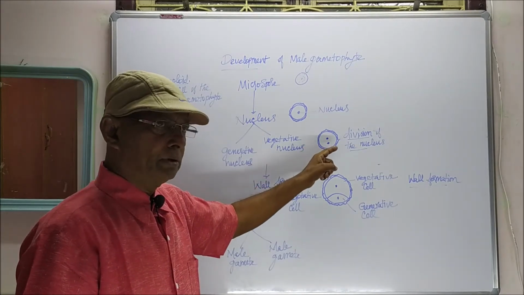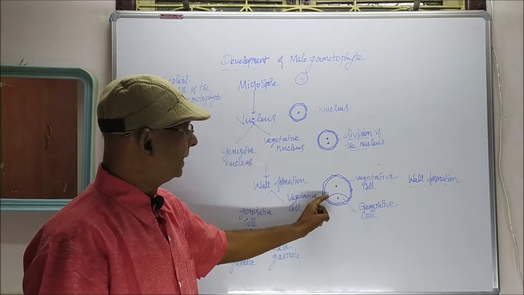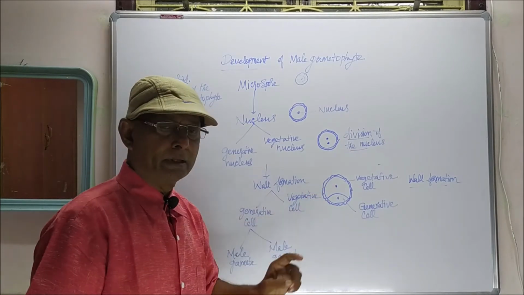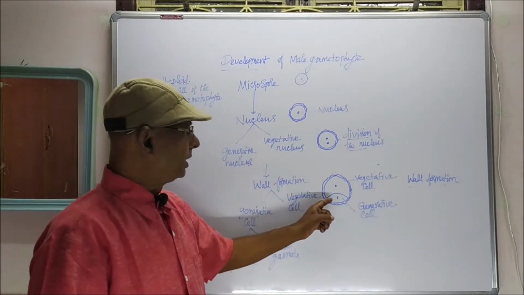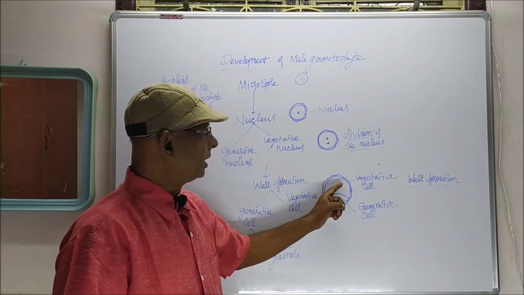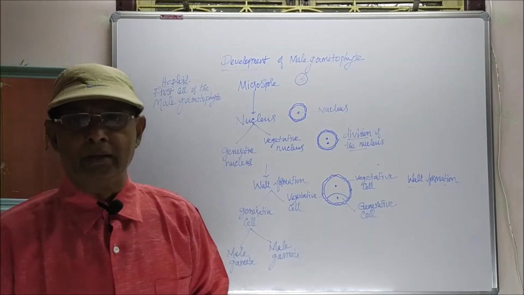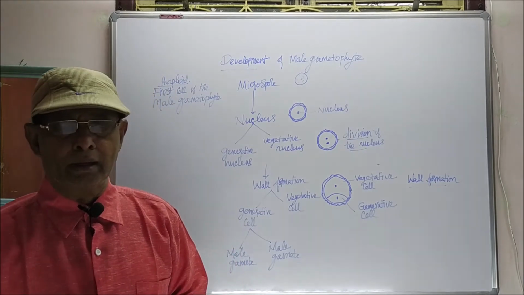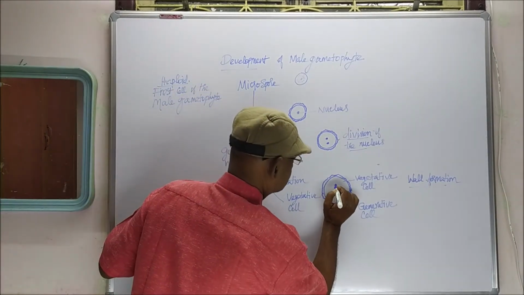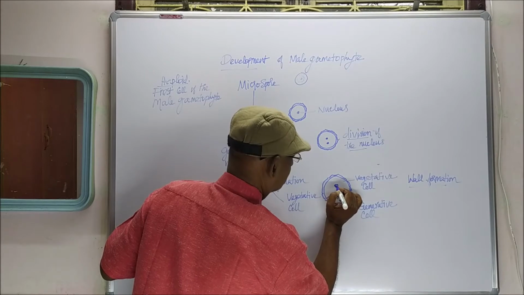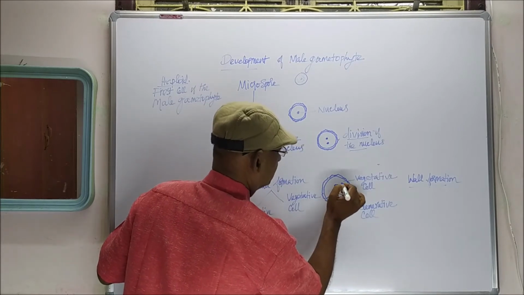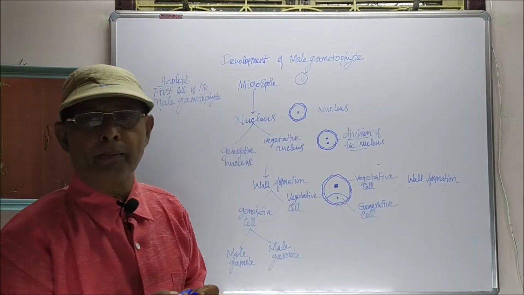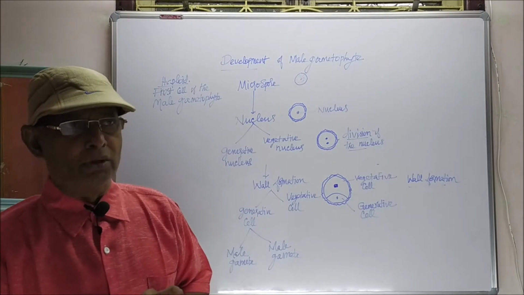After the division of the nucleus, wall formation takes place, so that a smaller cell and a larger cell will be produced. The smaller cell is the generative cell, the larger one is the vegetative cell. Vegetative cell is larger, containing an irregular nucleus, with abundant reserve food materials.